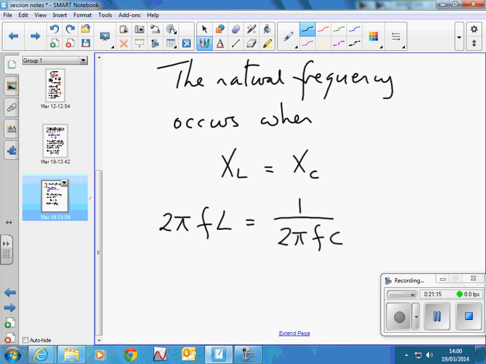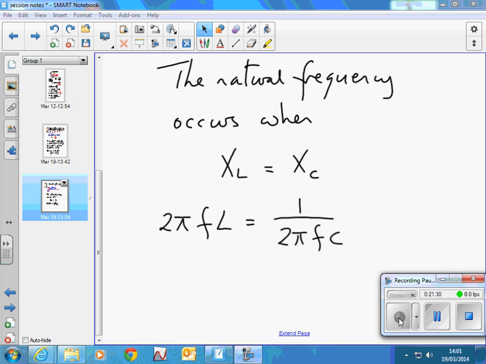I'm after f. I want to get f on its own. So let's think about this equation. Now we're talking maths. What would I do to try and get f on its own? Ideas. I want to get f on one side. So what would you do?